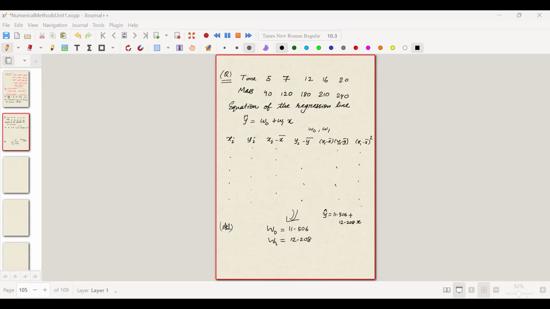Based on the regression line coefficient, you can guess how your regression fit line will actually look, whether it will be like this or like this or like this. Clear? These are the data which I had already given to you in the beginning of the code, and this is the best fit you have shown. Okay, so far we saw how to compute W0 and W1 both.